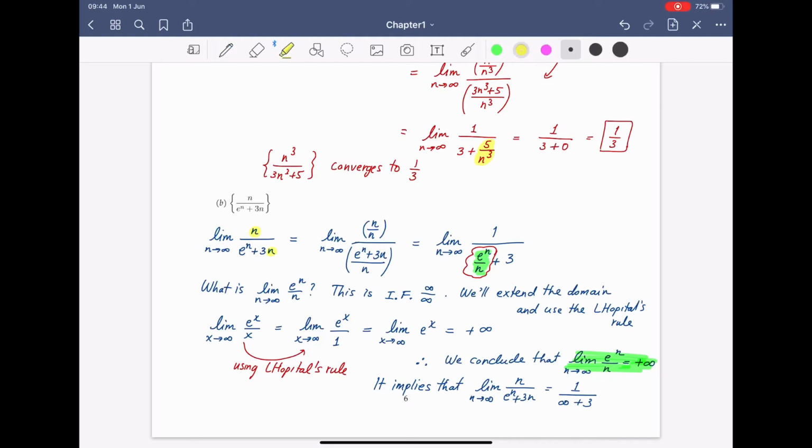So the whole thing that I highlighted in yellow goes to 1 over infinity plus 3. That means the bottom is heavy, so this thing goes to 0, because it is 1 over infinity. So at the end, I conclude that this sequence n over e to the n plus 3n is convergent and it converges to 0.